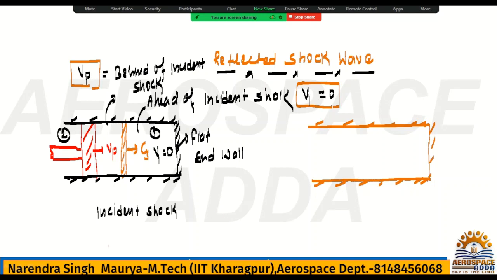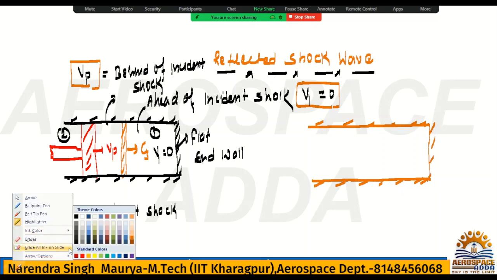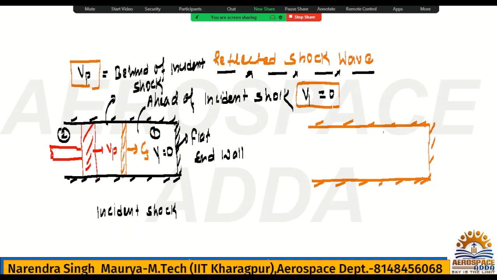All right, now the shock will get reflected. So it will get reflected, hence the speed will be CR, because it is a reflected shock.